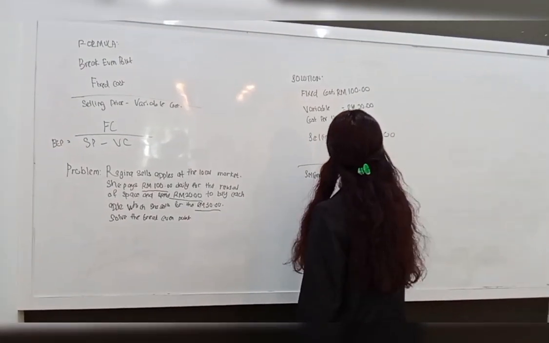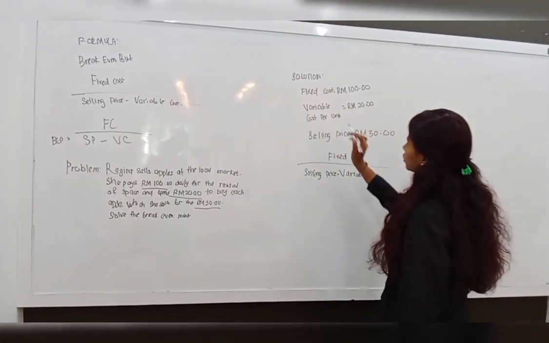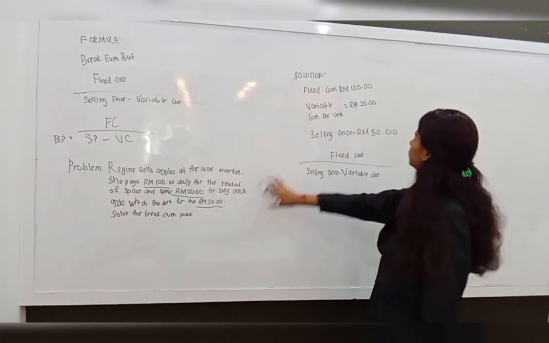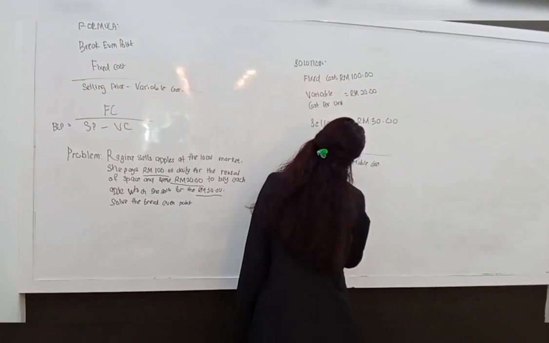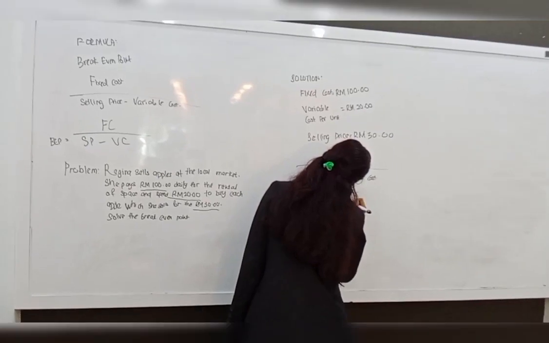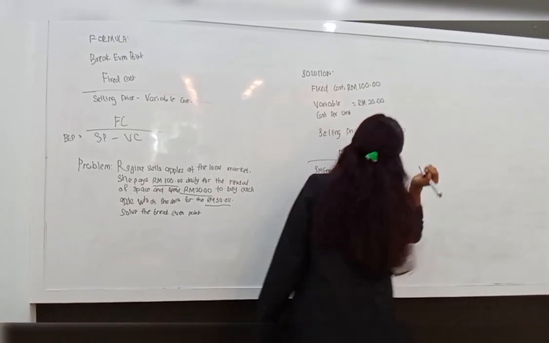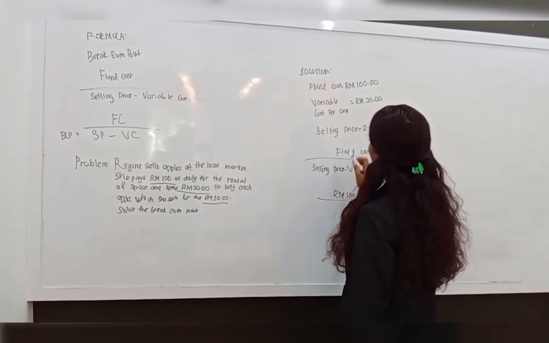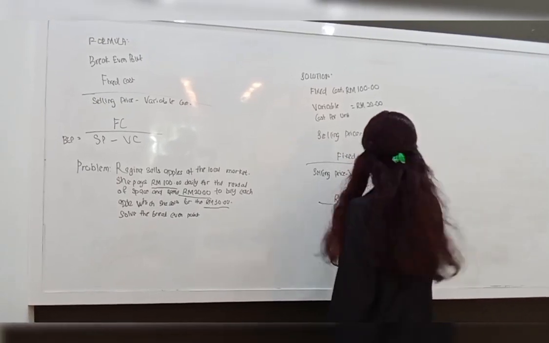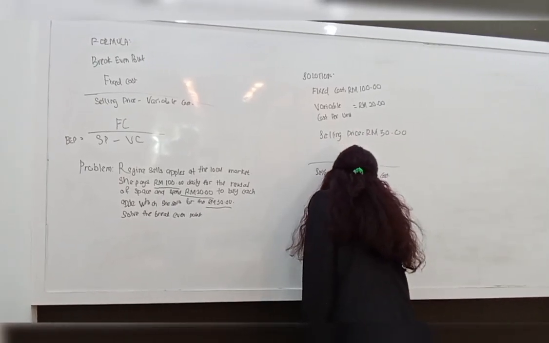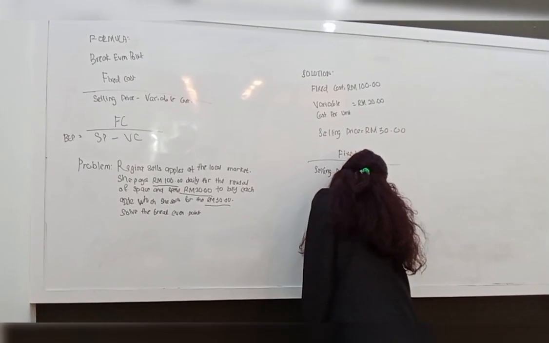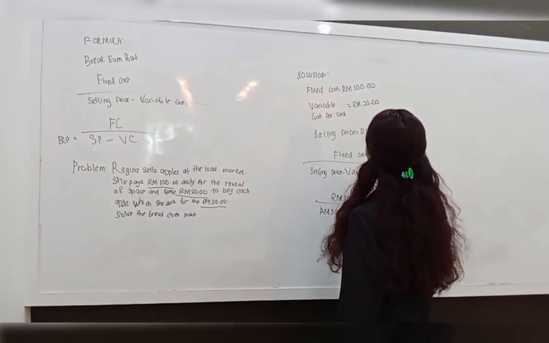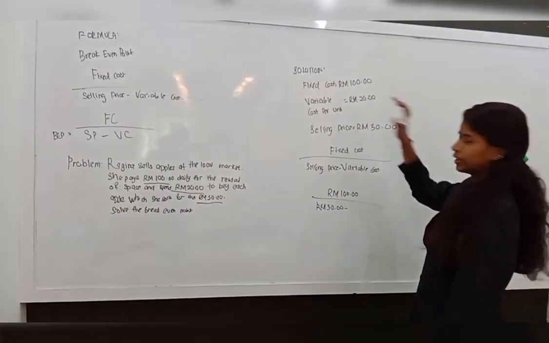So the fixed cost for this problem is 100 ringgit, selling price is 30 ringgit, and variable cost per unit 20 ringgit.